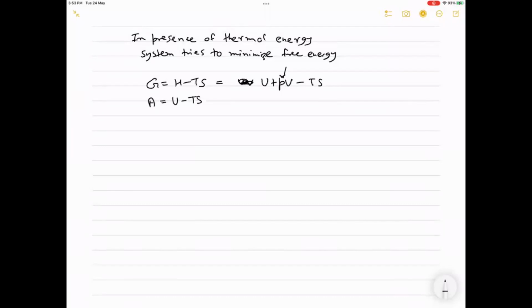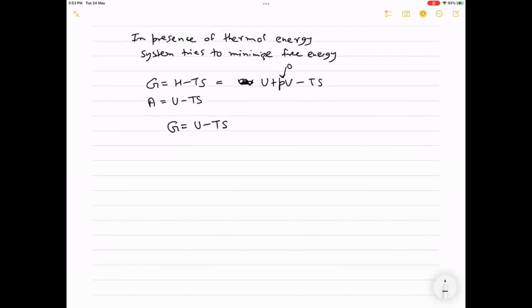Therefore, in protein folding, whenever I'm talking about the free energy, I'm actually talking about the Helmholtz free energy. So for me, the expression for G will be U minus TS.